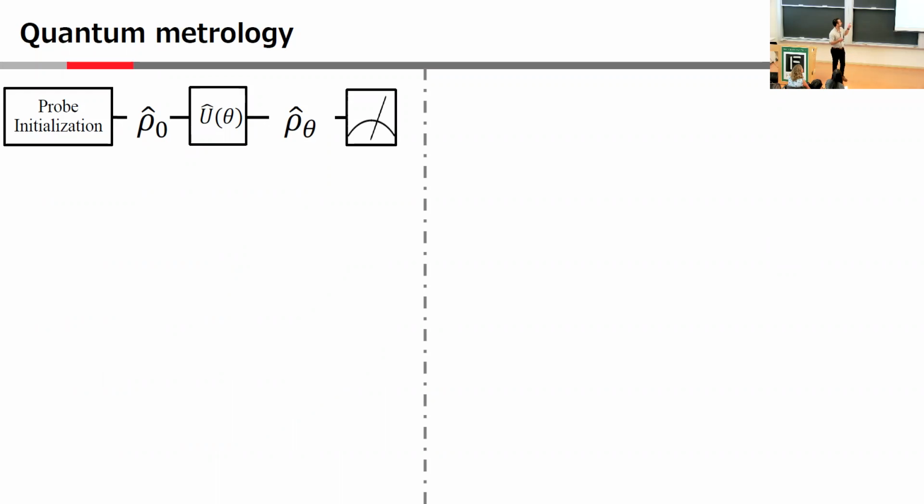And then we have an experiment that depends on, in this case, just one parameter, theta, that we don't know. But we'd like to learn what theta is. It could be a magnetic field, the strength of a gravitational field, or just a polarization rotation in an optical quantum computer. So you send in your probe states, and then you measure them.